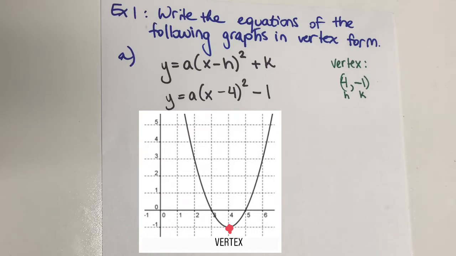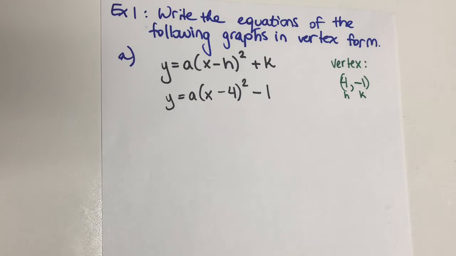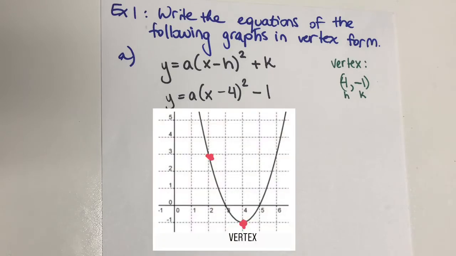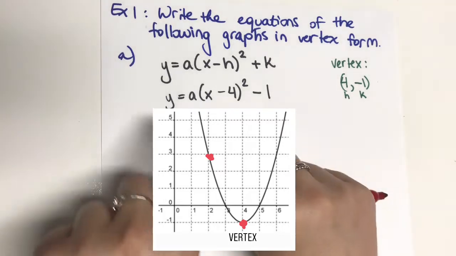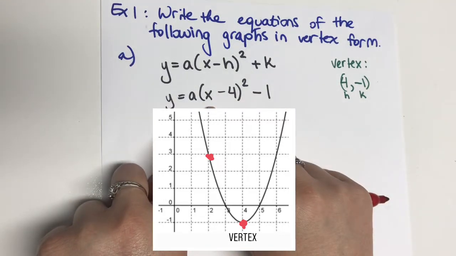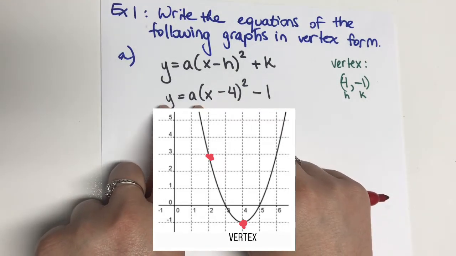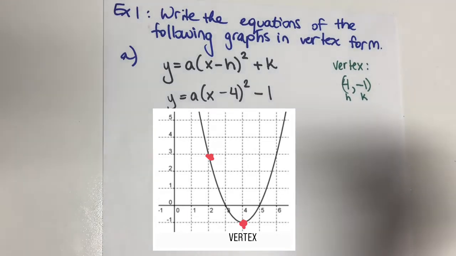That other coordinate, and you can really use any other coordinate that's on the parabola, but I have a specific coordinate that I've labeled, and I can use that coordinate to substitute my x and y in order to solve for a, because that would mean that a would be my only unknown.